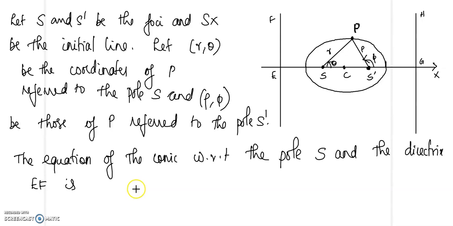The equation of the conic is L by r equal to 1 minus e cos theta. Okay, so the minus sign comes. The coordinates of the point P are r and theta. Since we are taking with respect to the directrix EF, we get L by r equal to 1 minus e cos theta, where e is the eccentricity.